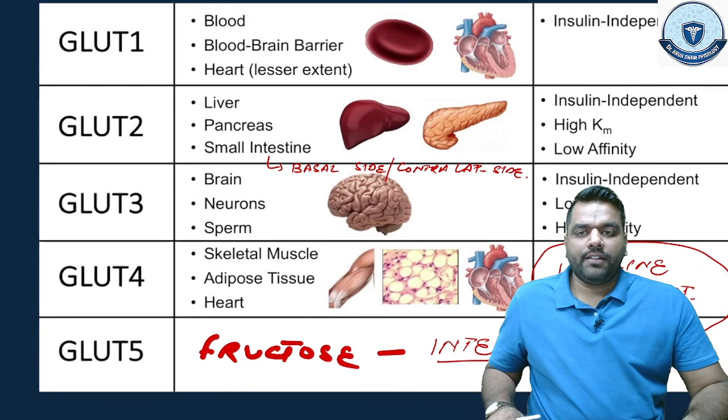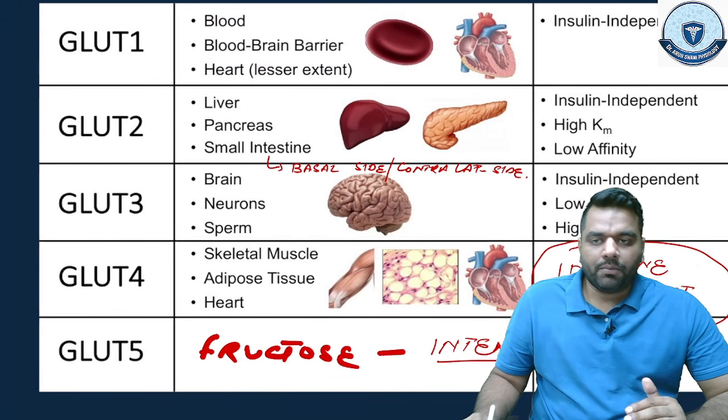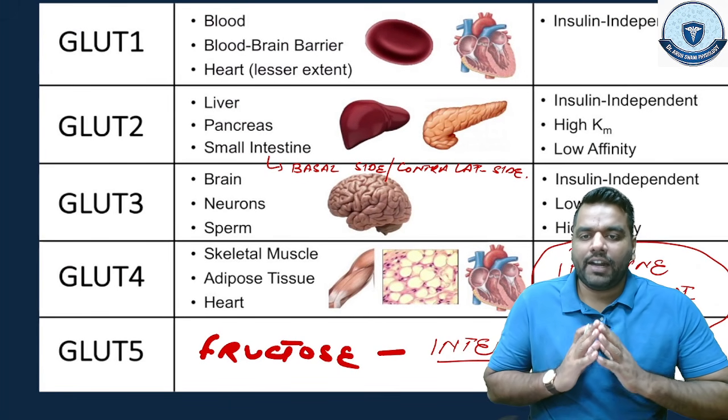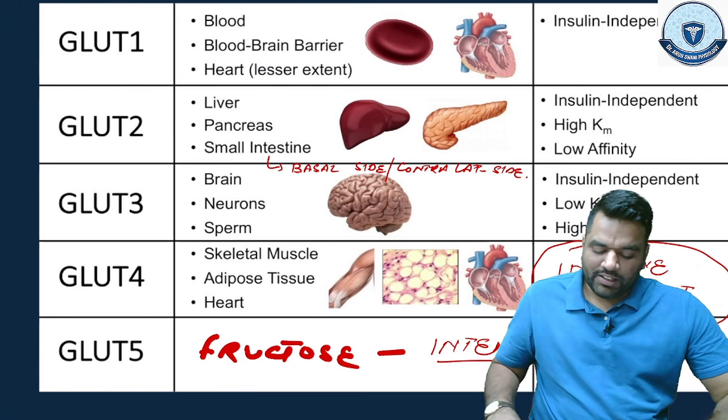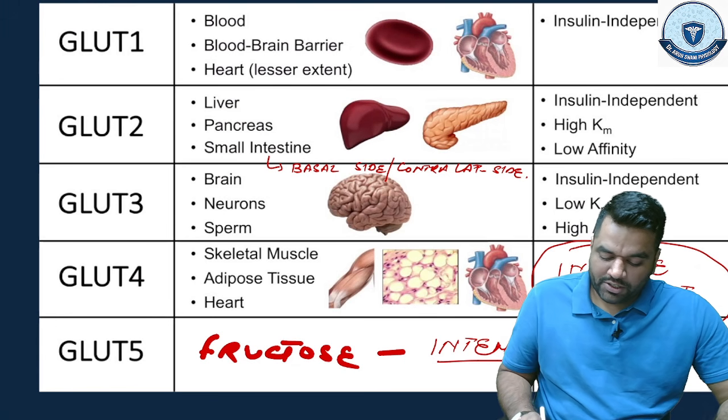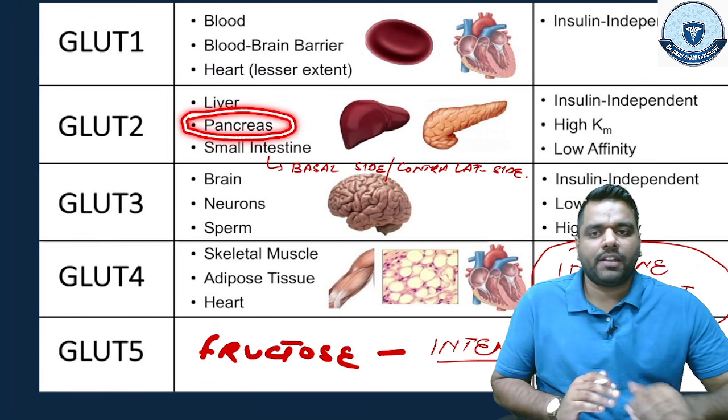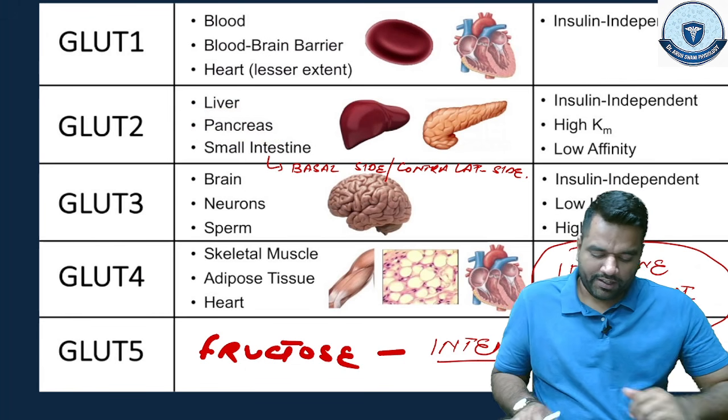And then GLUT3 is in brain, neurons and sperm, and GLUT4 in skeletal muscle, adipose tissue and the heart. So in the MCQ they ask which GLUT is present in the pancreatic beta cell. This is GLUT2, right?